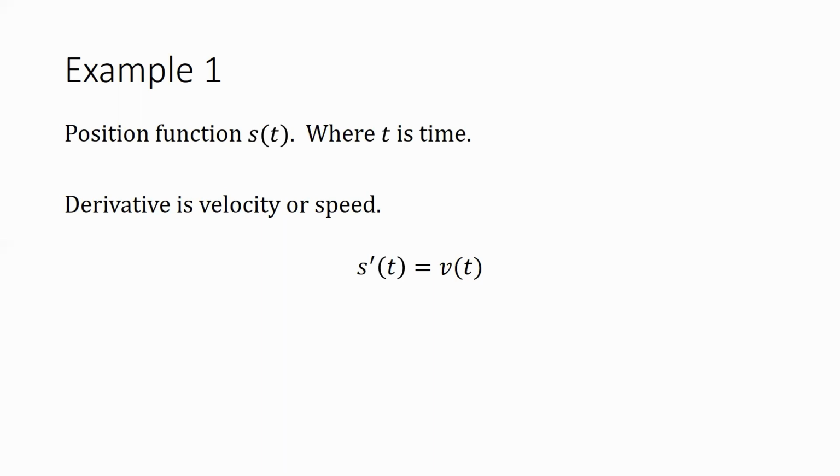And so if we have a position function, s of t, and we let t be some unit of time, then the derivative is the velocity function or a speed function. We tend to use velocity in mathematics, and here we've denoted it s prime of t equals v of t. So the derivative of the position function is equal to a velocity function.